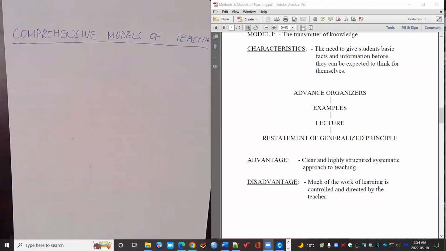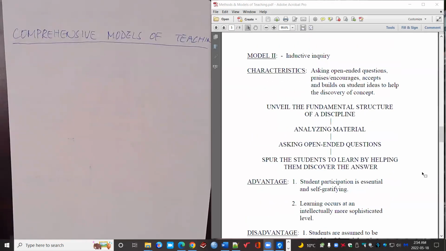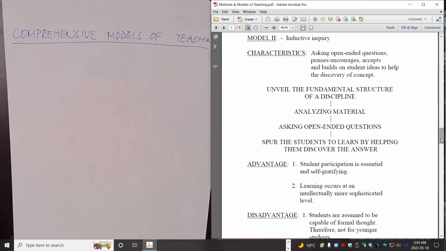All right, let's take a look at model 2, inductive inquiry. Remember Bruner's coding system, and then Bruner's one from examples, or from specific to the general, example to the general principle, to the rule, right?